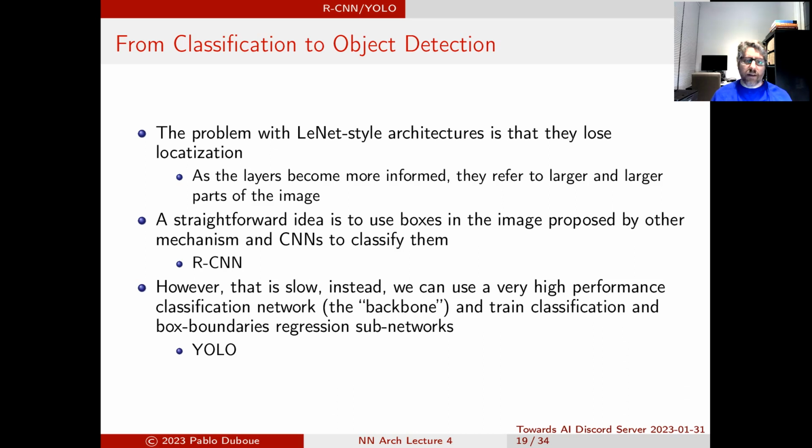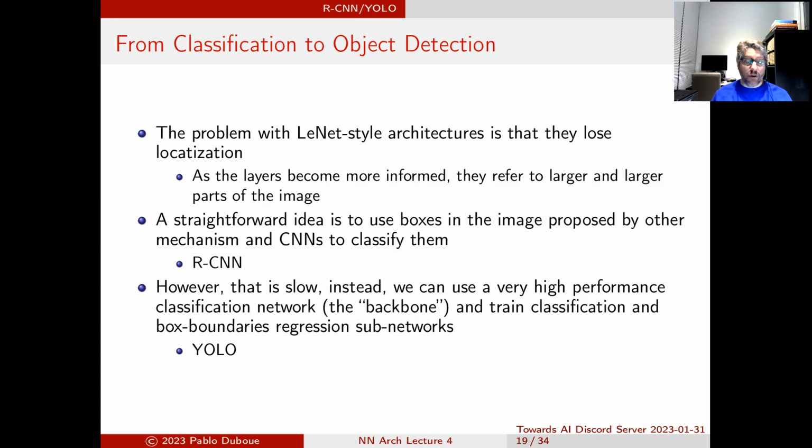As the layers become more informed, they start referring to larger and larger parts of the image. So we know there is a cat here, but the exact position of the cat is very difficult to pinpoint.